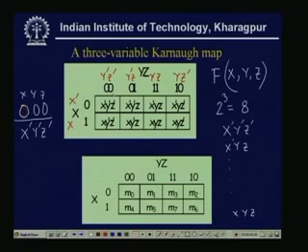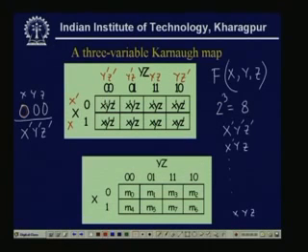Now, we take what will be the element. This is the first row when we are considering, that means x dash remains same. So, for all the elements of the first row, that min term, in every min term x dash must be there.